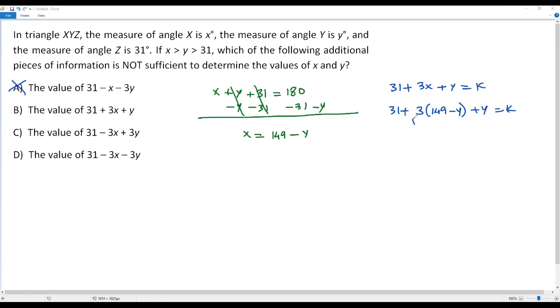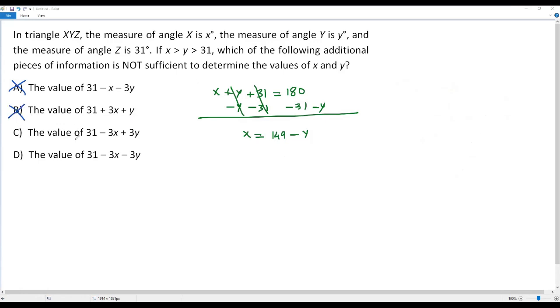When I distribute the positive 3 to the negative y, I get negative 3y, and here we have positive y. Combining them, I get negative 2y. So y does not vanish, and we'll be able to solve for y, and then get the value of x using this equation. So the information in answer choice B is sufficient to determine the values of x and y. We can reject this one as well.